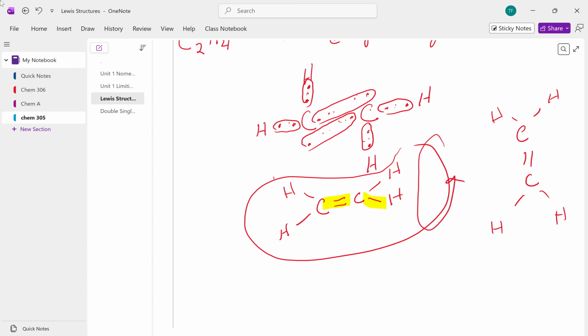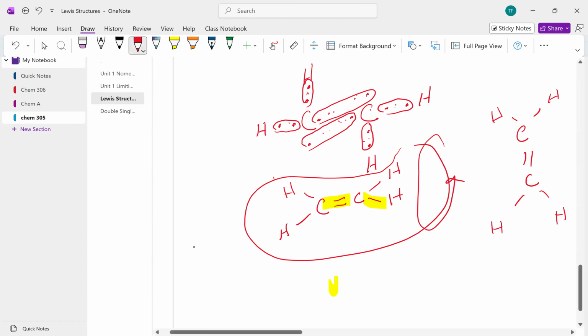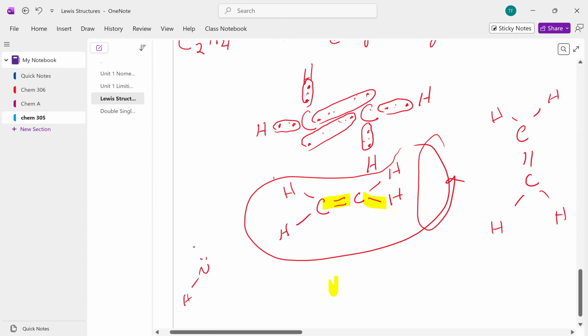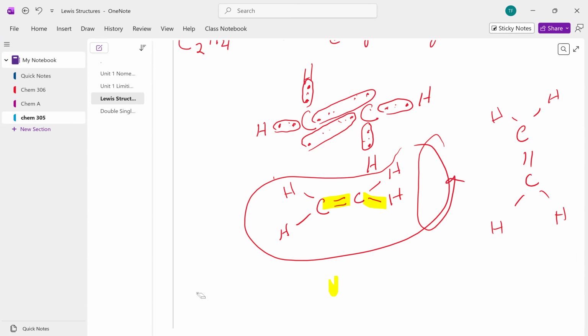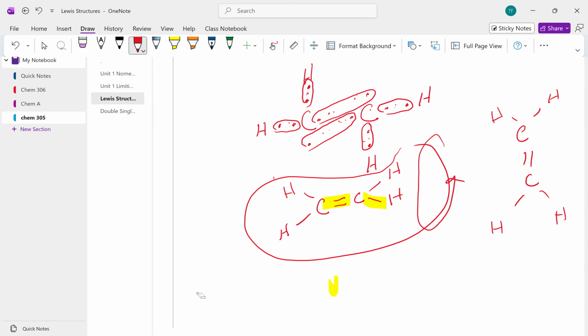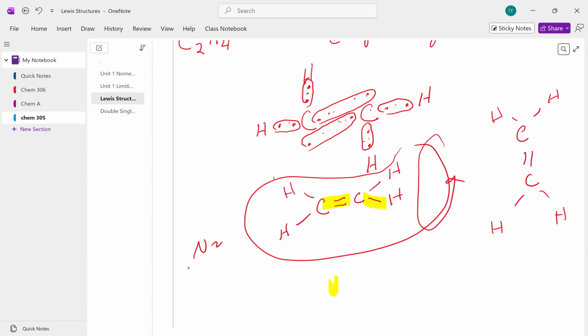If we had nitrogen, now let's see, that's not a good example. We looked at N2, nitrogen gas.